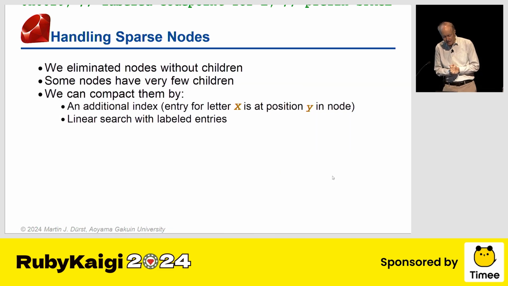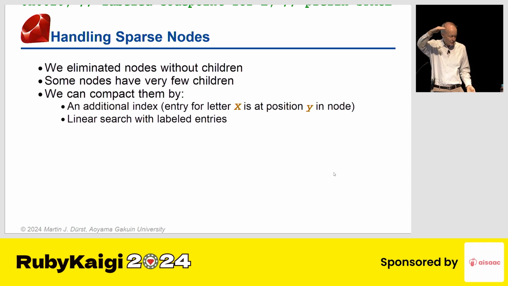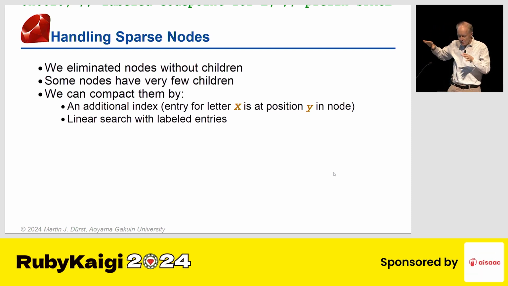Next, we still have nodes where we have some pointers to other nodes, but of these 36 different roads that go off that crossing, maybe only 2 or 3 or maybe only 1 is actually going somewhere.